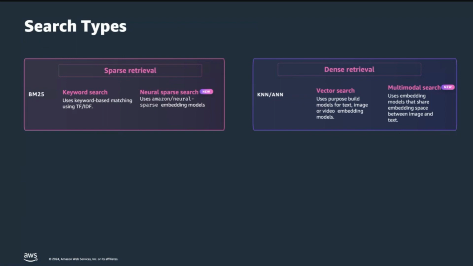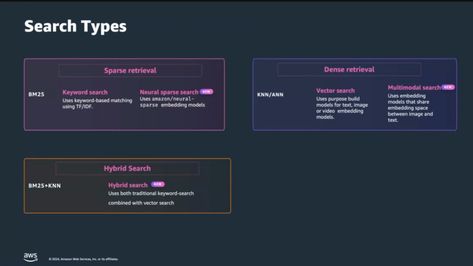Then we recently introduced multimodal search. Multimodal search will allow you to search by different types of data format. You can search by text, by image, or by both text and image. I will show you a demo in a few slides of how that is done.